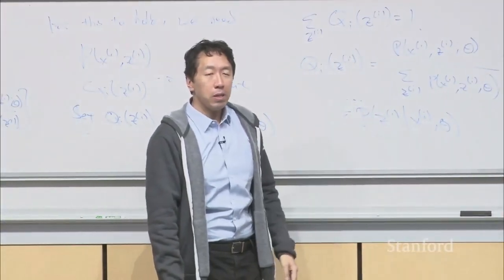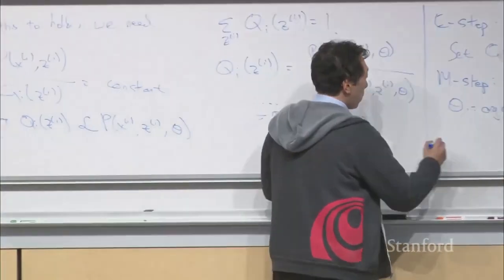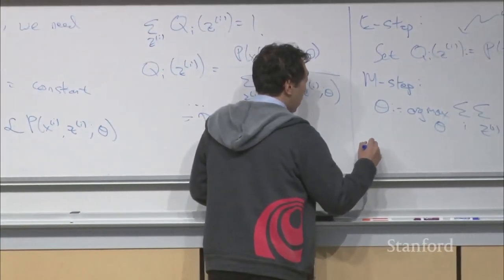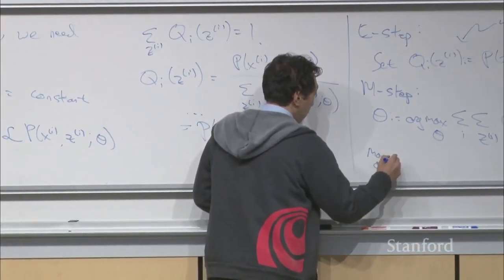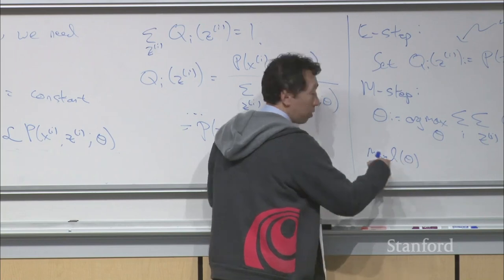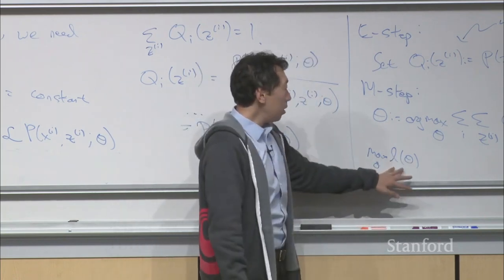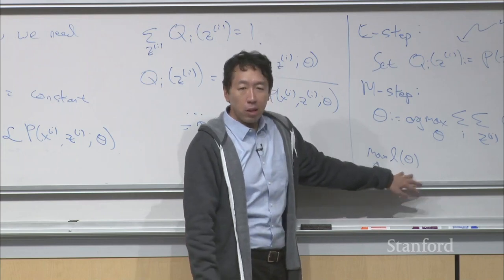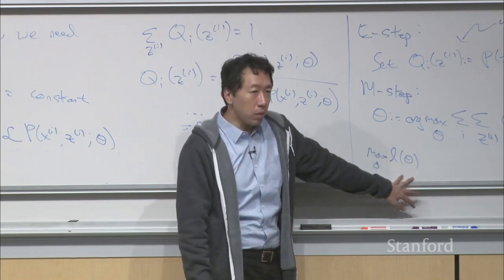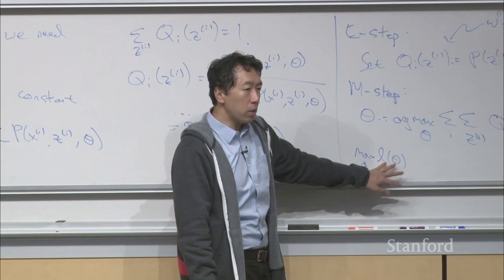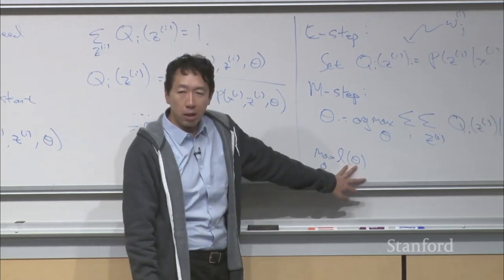Oh, and maybe it begs the obvious question, why don't we try to maximize the log likelihood directly? It turns out that if you take the mixture of Gaussians model, try to take derivatives of this and set derivatives equal to 0, there's no known way to solve for the value of theta to maximize the log likelihood.